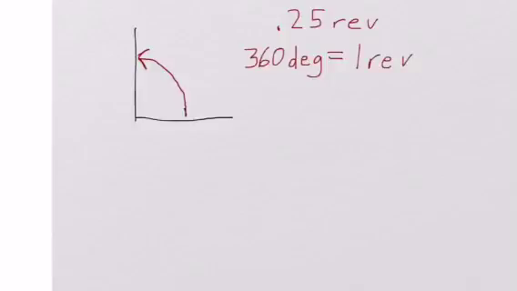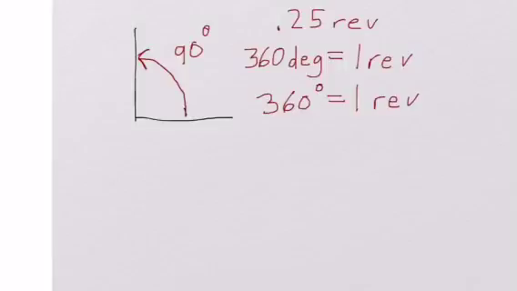And normally we will denote degrees by putting the degree sign in there. And that's pretty useful for a lot of things. So a quarter of a revolution here is going to be the 90 degrees that we're a little bit more familiar with as the measure of a right angle.